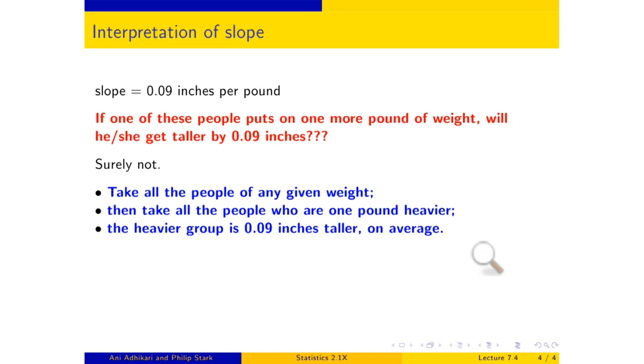And this idea can be used to simplify some calculations. For example, if I tell you that I have two people and one of them's 5 pounds heavier than the other, then the heavier person is estimated to be taller by how much? Well, for every pound heavier, the person is expected to be 0.09 inches taller.